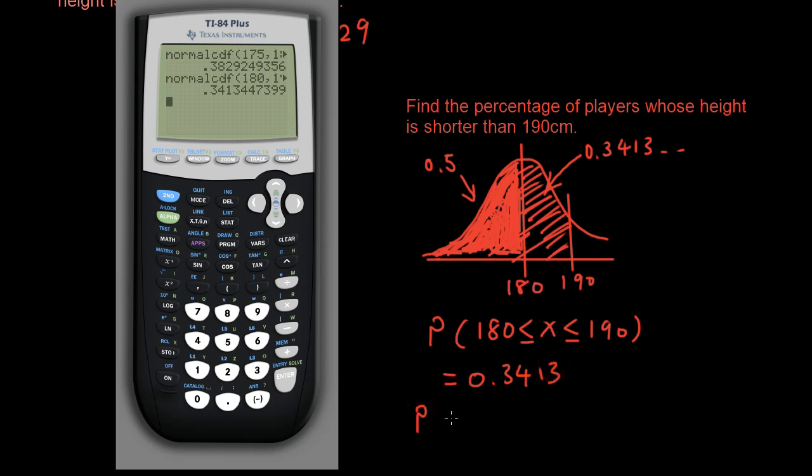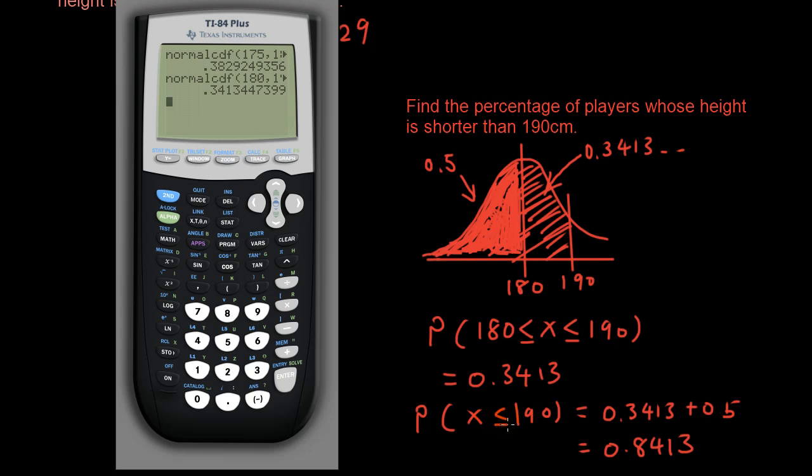To find the probability of x being smaller than 190, that is simply going to be 0.3413 plus 0.5, and you're going to get 0.8413. Done.